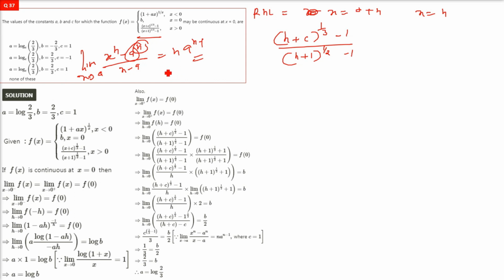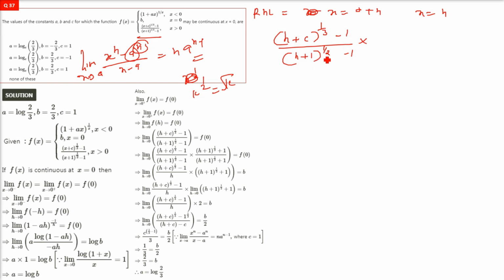So we will try to make these terms in the numerator and denominator in such a way that we get the limit x tends to a, and we can finally replace it by n times a raised to the power n minus 1. In the denominator, this is (h plus 1) or (h plus c) to the power 1 by 2. This is a root only, and whenever there is a root you go for rationalization.